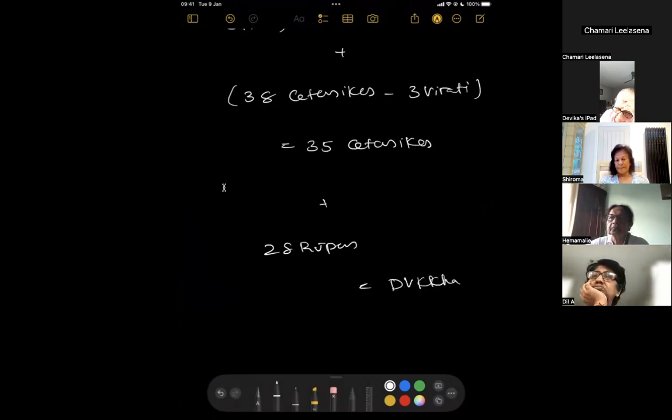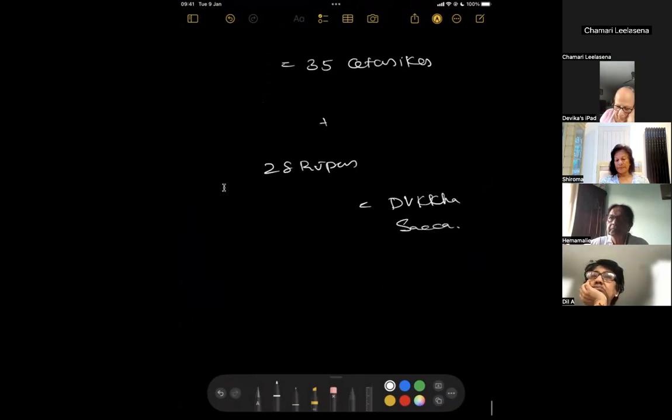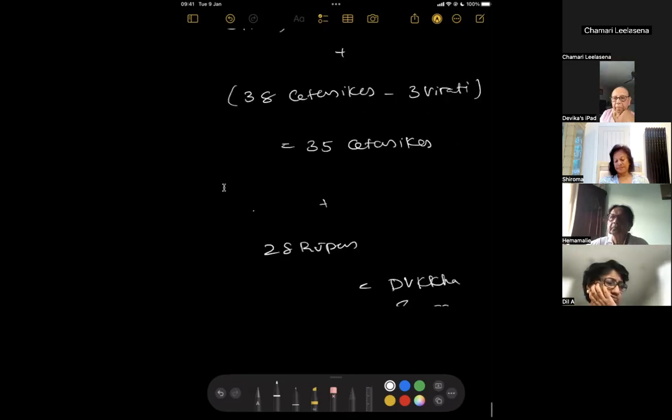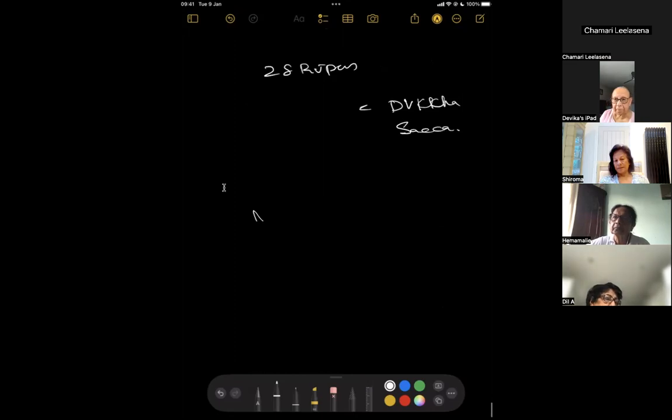Under samudaya satcha, we have lobha. Then we have nirodha satcha, which is nibbana.